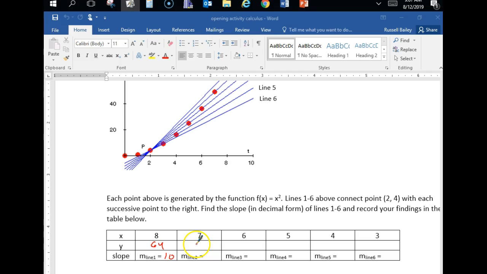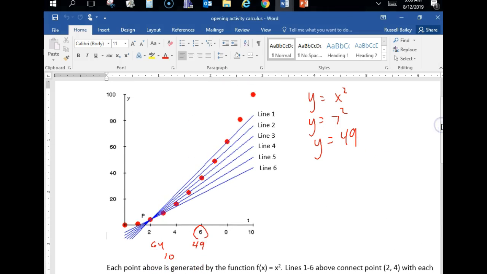So what's this number? 49, because y equals x squared. This is a what value? That's an x value. So I'm going to plug that in. That tells me my y is 49, and that is this point right, where is it, (7, 49). Probably this one right here, (7, 49).